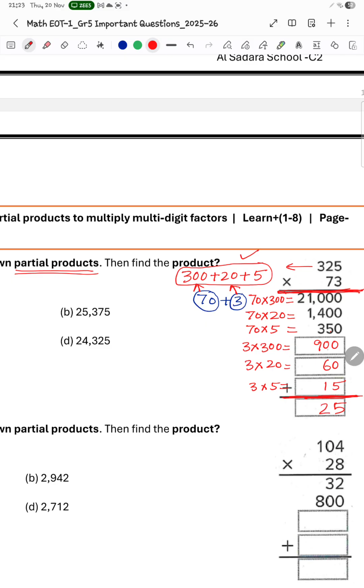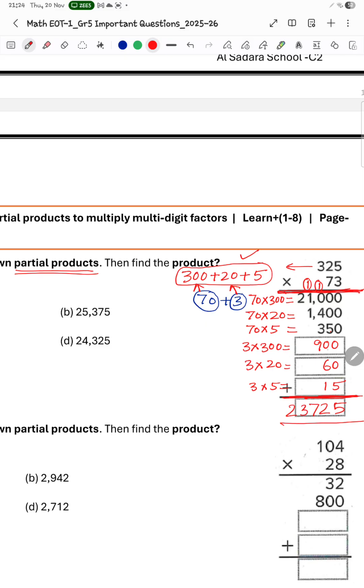So 2 will be here and 1 will go up. So 1 and 4, 5, 5 plus 3, 8, 8 plus 9, 17. So 7 here, 1 will go up. So 1 plus 1 plus 1 will give you 3, and this is 2.